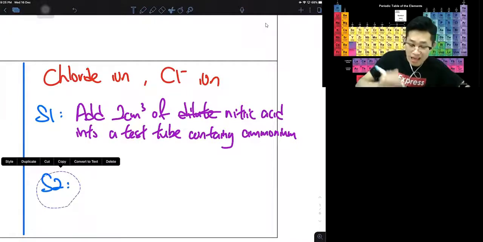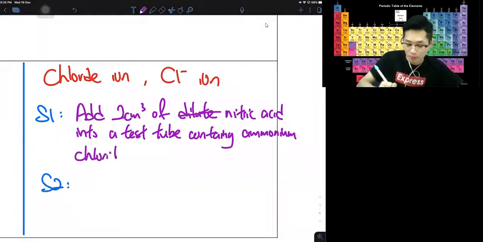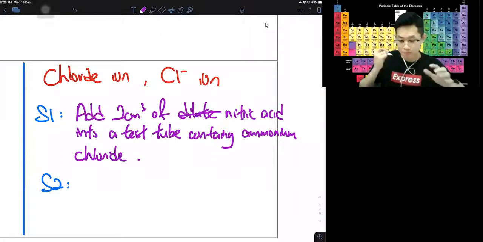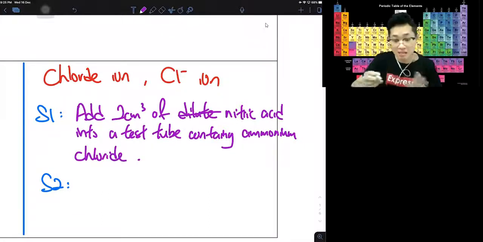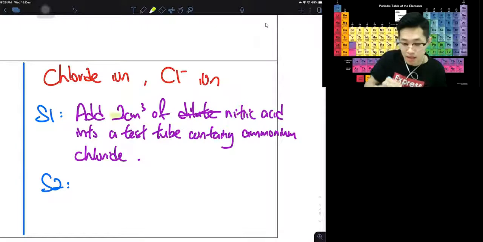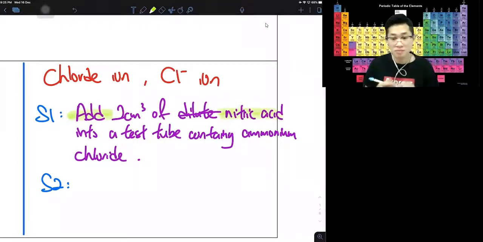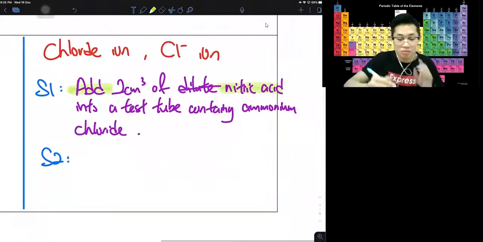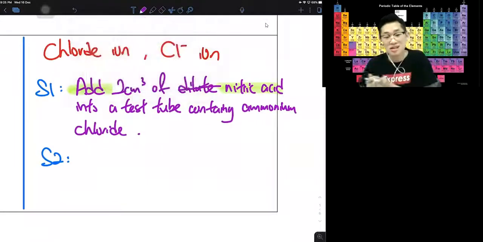Can you see it's exactly the same? The first step is exactly the same. Add nitric acid. Same.